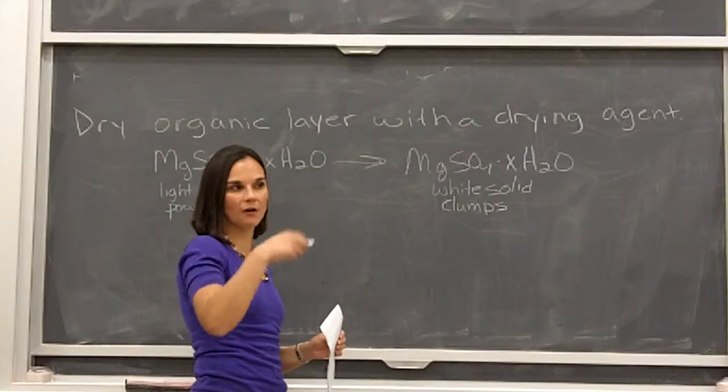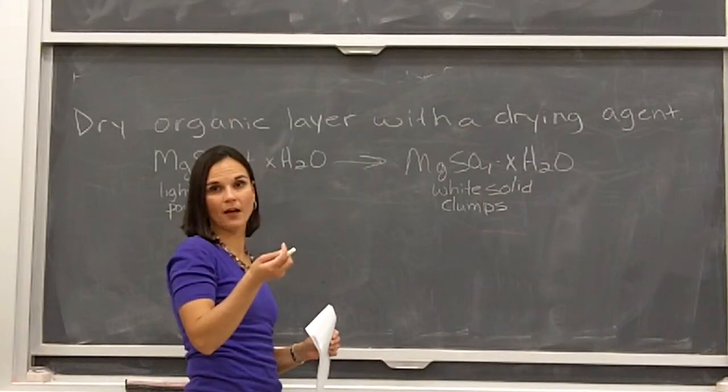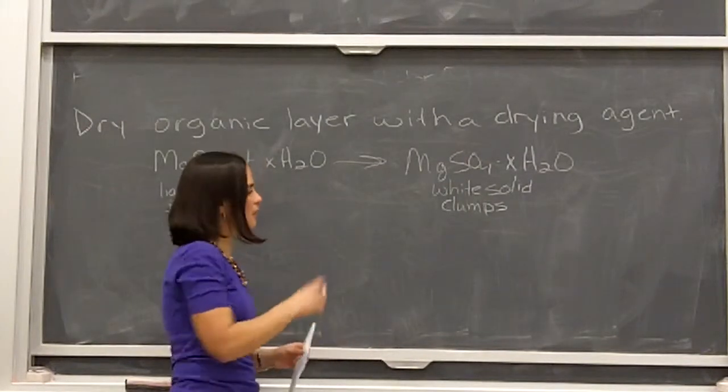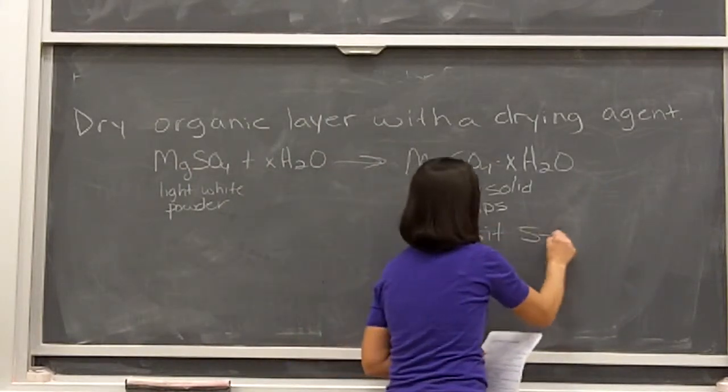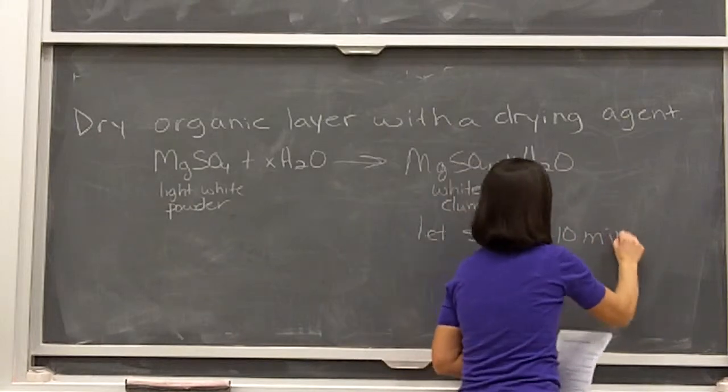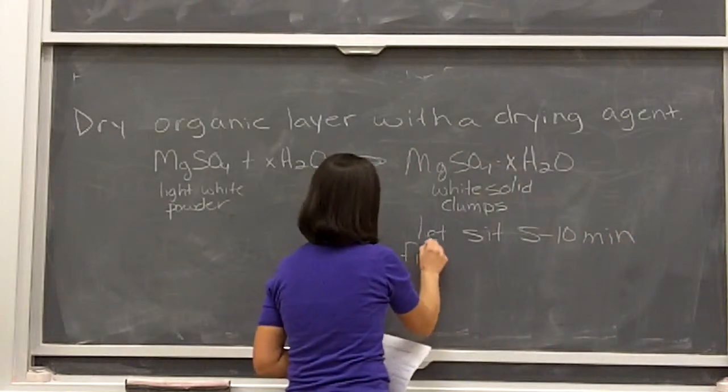So when you swirl it around, what it should look like is a snow globe, okay, with a little bit of clumps left. You let it dry. You let it sit 5 to 10 minutes covered. You're going to filter it with gravity filtration.